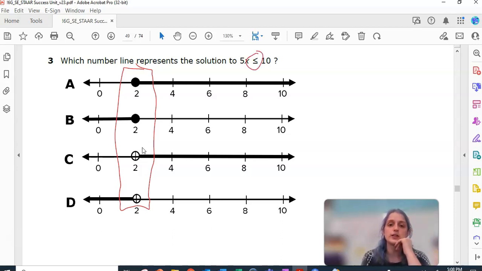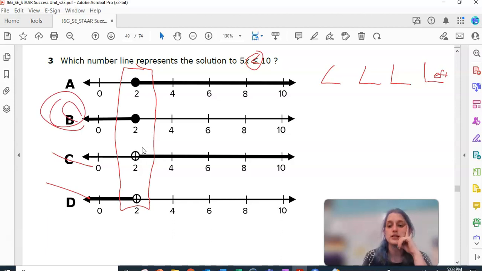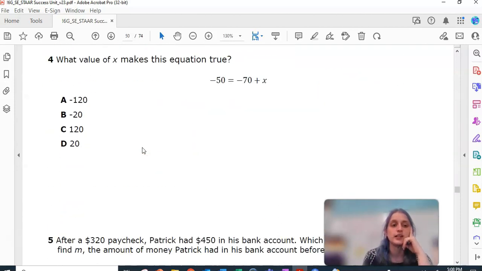So looking at this inequality symbol, I can see it has an or equal to, which means it's not going to be C or D. Those are open circles, and or equal to is a closed circle. So now I'm going to look at this as a less than or equal to. Less than looks an awful lot like the letter L, which goes to the left. B is going to be my solution set.